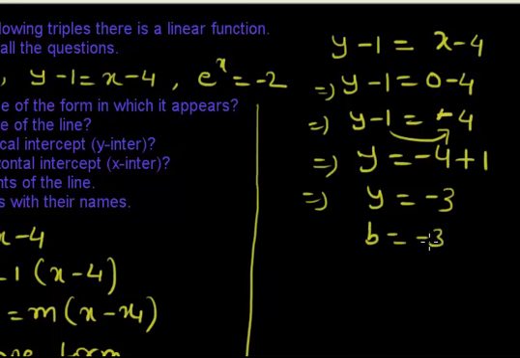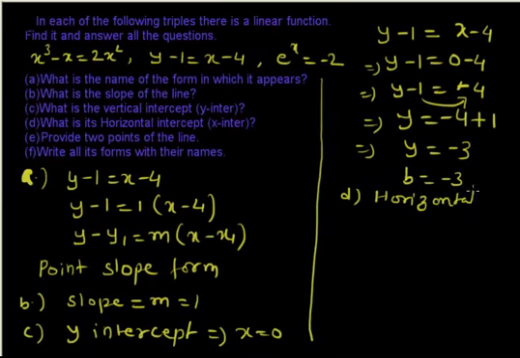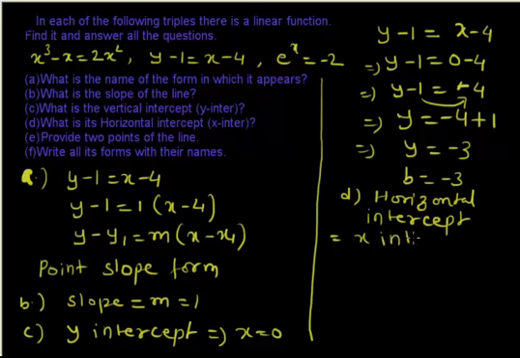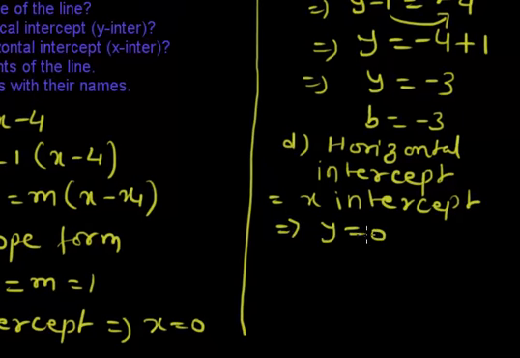B is minus 3. Similarly for the D part. D part says what is the horizontal intercept? Horizontal intercept is nothing but the x-intercept. As we obtained y-intercept, similarly we obtain x-intercept by substituting y equals 0.